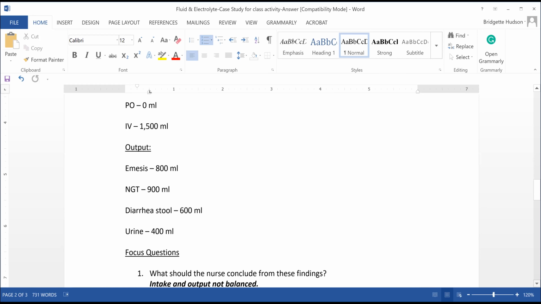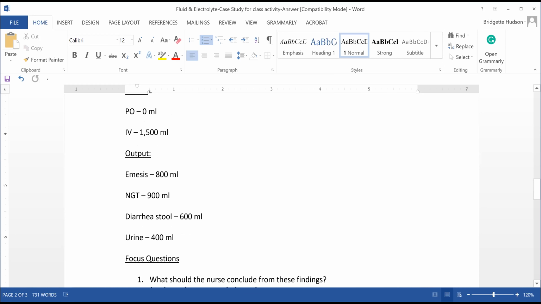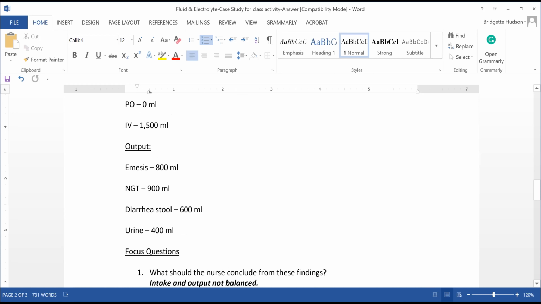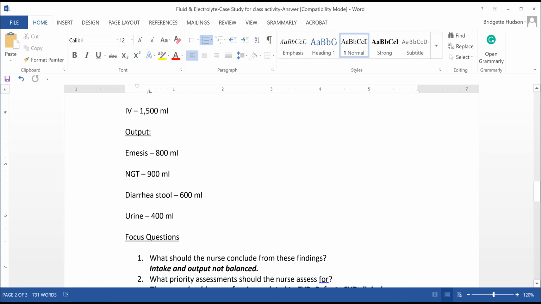All right, so what should we conclude from these findings? I think we've already said that. We have more output than intake. What should be our priority assessment for this? I'd be checking mental status, electrolytes, because even though we put in fluid, we need more fluid.